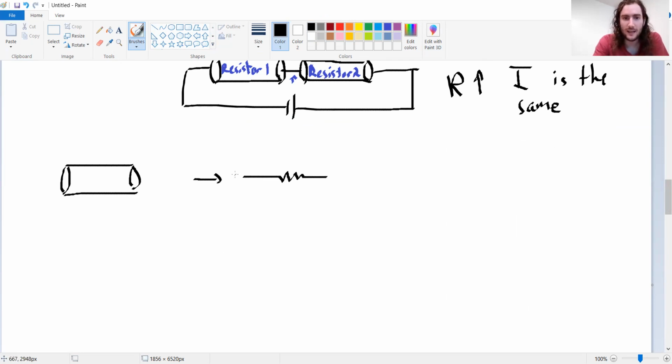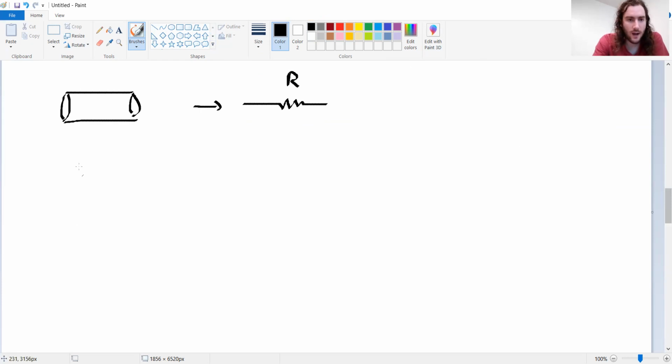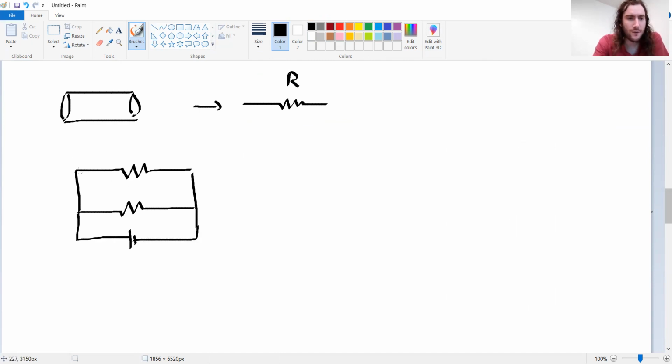So just a jagged line, and it has a resistance value R. And so I now want to look at a situation where I have two resistors in parallel, and they are connected to a voltage source. Matter of fact, we have N resistors.